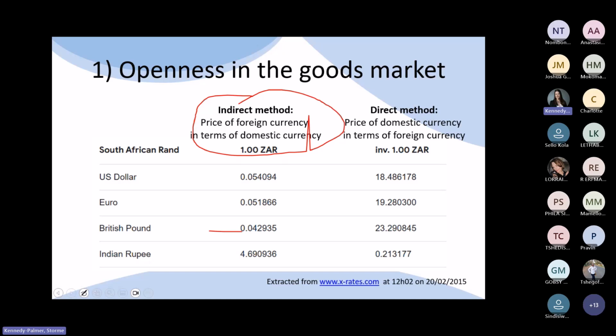And you can see that the rand is much weaker against the British pound than our simple example of 1 rand is equal to 90 British cents or 1 British pound. So this is the rate that you most commonly see in the news: 23 rand is equal to 1 British pound. In this module, we need to get used to using the indirect method.